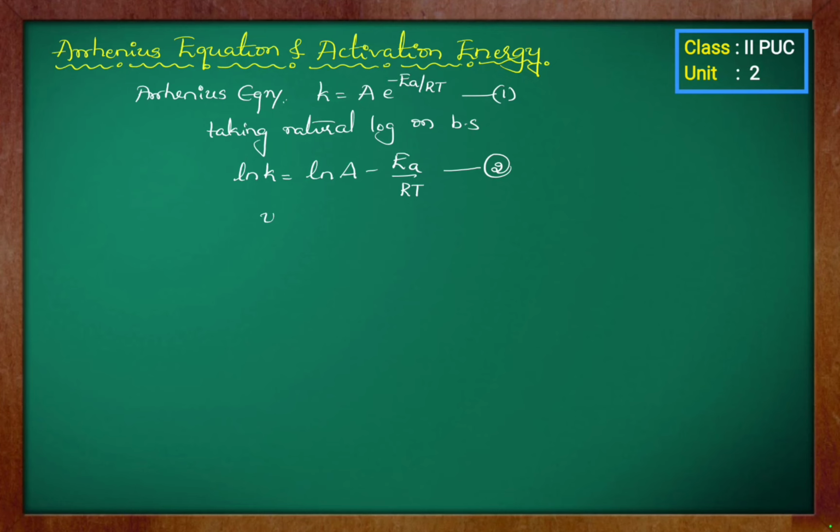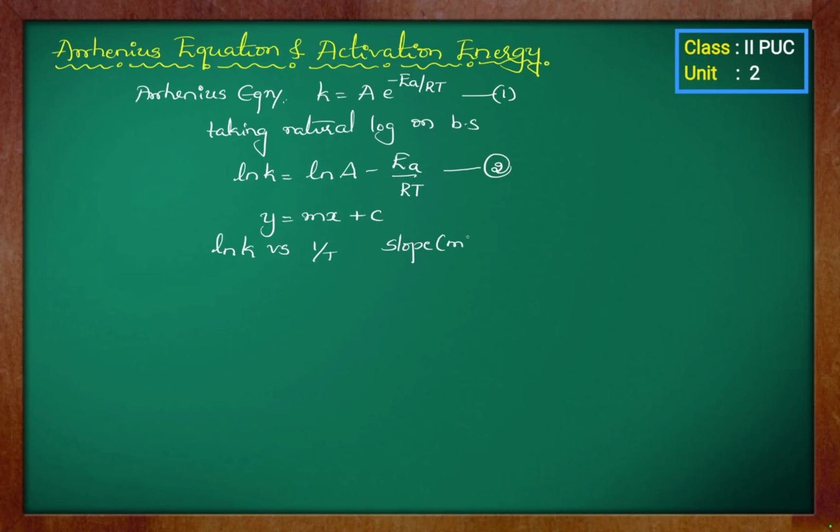Now, this equation is of the form y is equal to mx plus c, which is a straight line. When we plot a graph of ln k versus 1 by T, we will get a straight line.